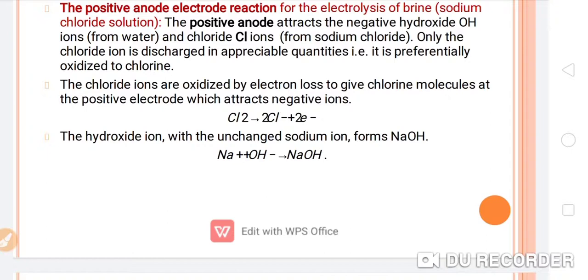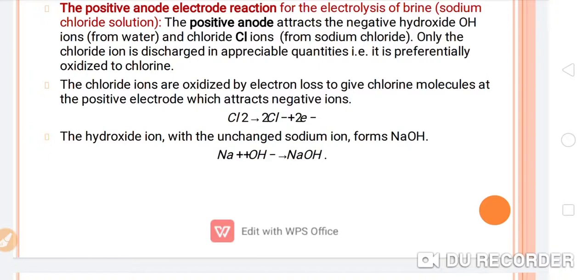It will convert into gas after losing electrons. Now the chloride ions are oxidized by electron loss to give a chlorine molecule at the positive electrode, which attracts negative ions.